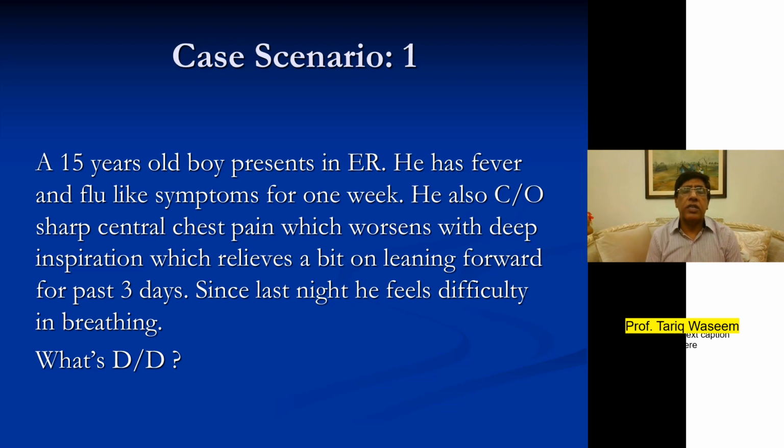Now, the central chest pain, when well localized, you also have to take into account other structures like the pericardium or heart or myocardium. But having this young boy with an acute presentation, it would more likely be inflammation or infection of the respiratory system, or a pleuritic pain because of pleuritis or consolidation or pneumonia.